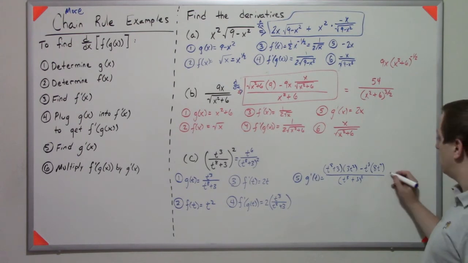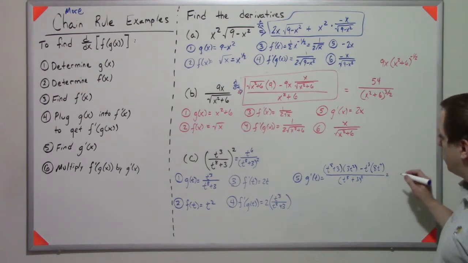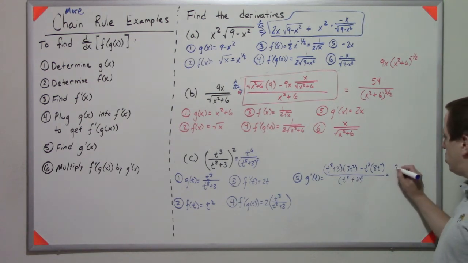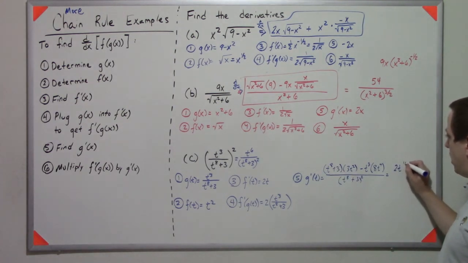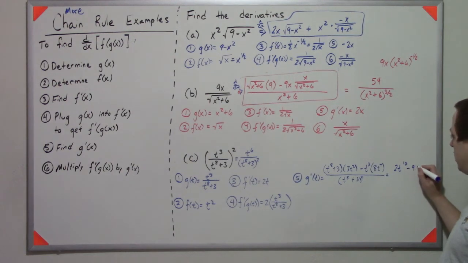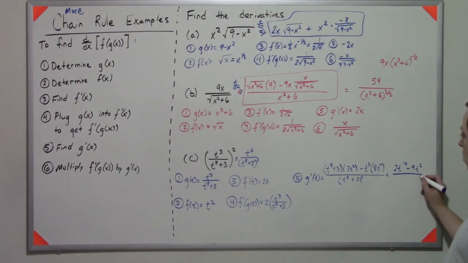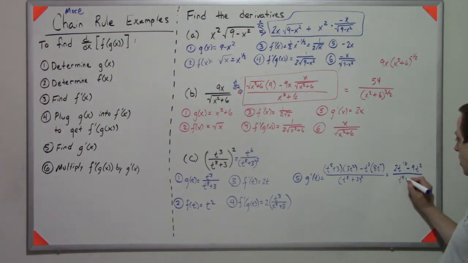Ooh, big nasty here. So if I multiply this through, what I get is 2t to the 10th minus 9t squared all over t to the 8th plus 3 squared.